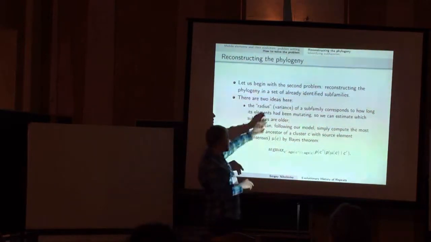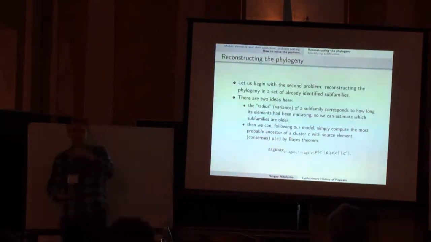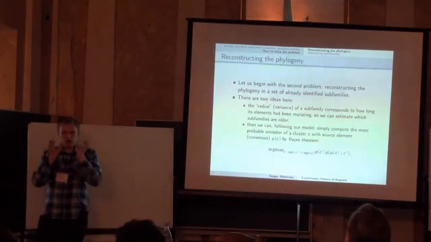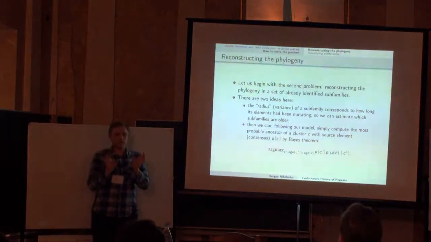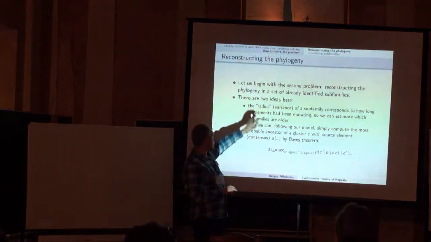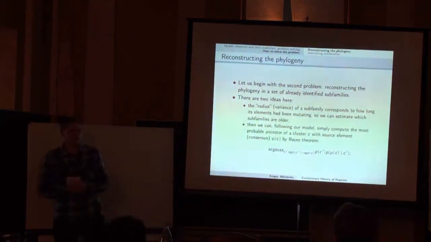But we can infer some kind of an ordering. So we can basically look at two subfamilies and say that we are nearly certain that this one is older than that one.